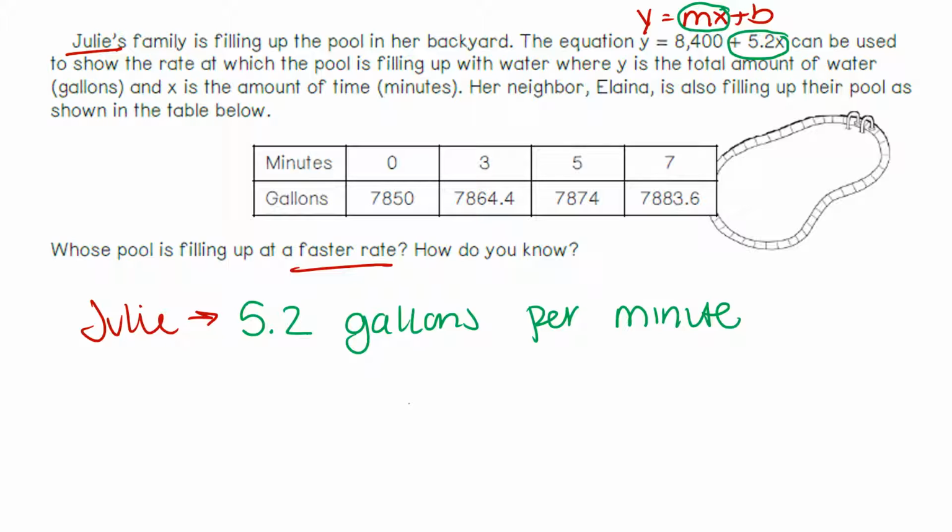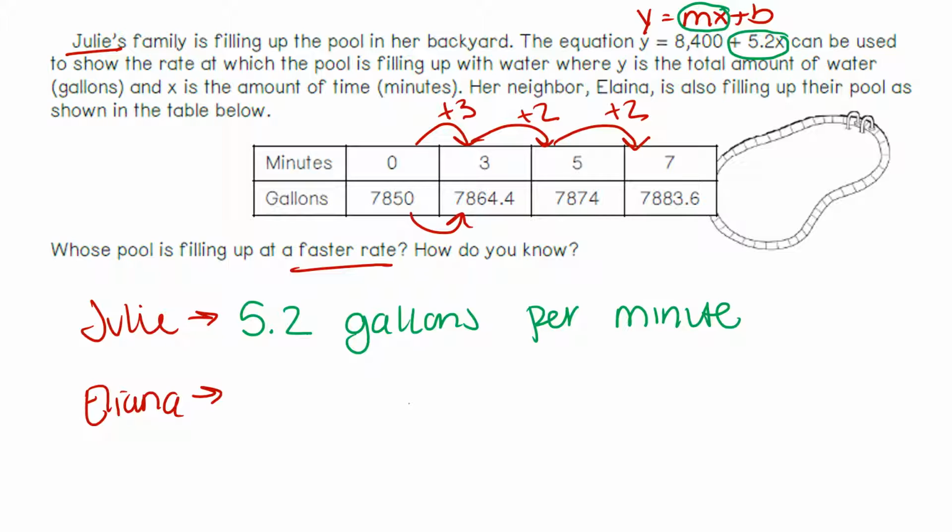Now for Elena, Elena has the table. When we're looking at the table, we want to see what we're counting by. 0 plus 3 is 3, 3 plus 2 is 5, 5 plus 2 is 7.